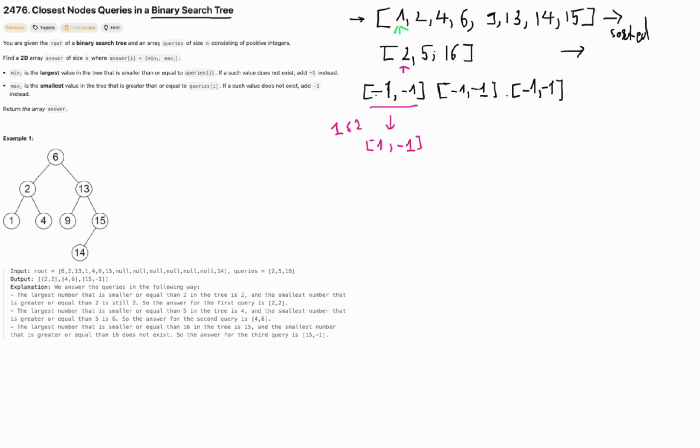Next iteration we will move it here, and this value 2 is smaller or equal than 2, and this one can be the upper bound as well. So here we can update this bound, that is 2 and 2, right?